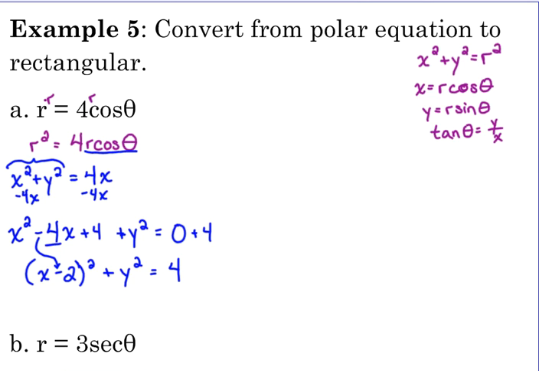And then the right side of the equation is 4. So now we can identify that this is a circle that has a center at positive 2, 0, and it has a radius of 2. Okay, a lot of review for Math 3 and circles right there.